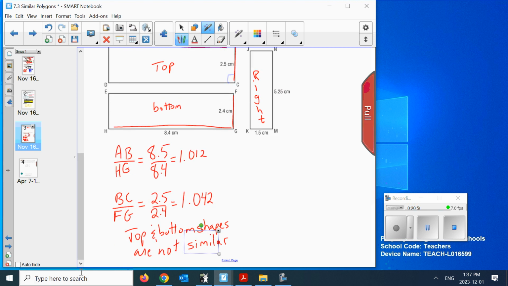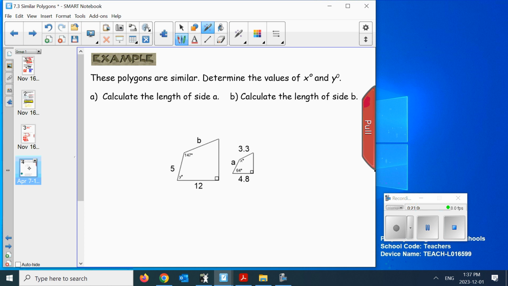So you're going to finish that problem. Back to this. We're told these are similar. Determine the values of x and y. I didn't even make that a problem because you can just draw it out. So look at this. If this is 147, what is angle x? Tell me. You got it on the paper.